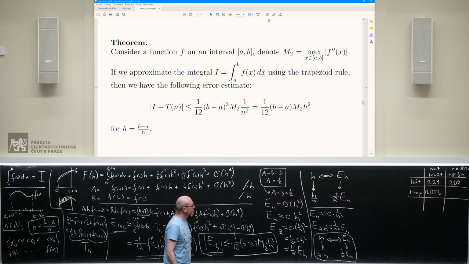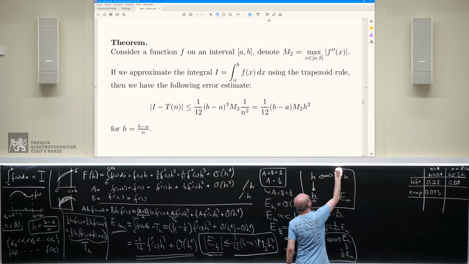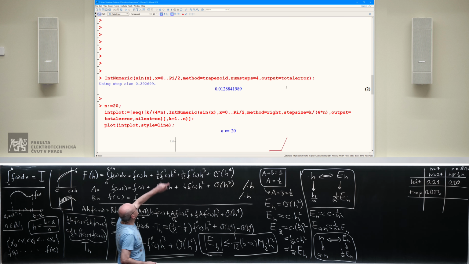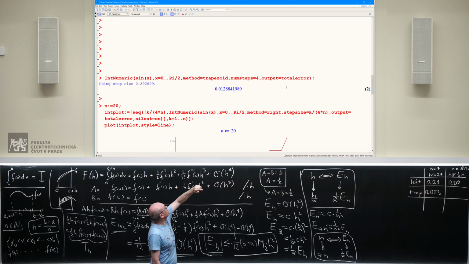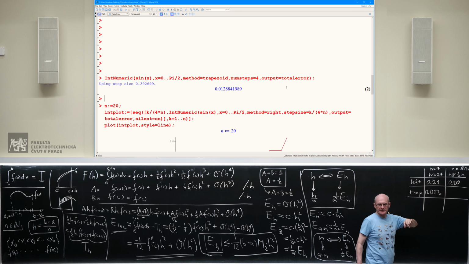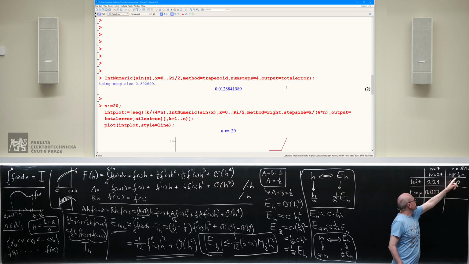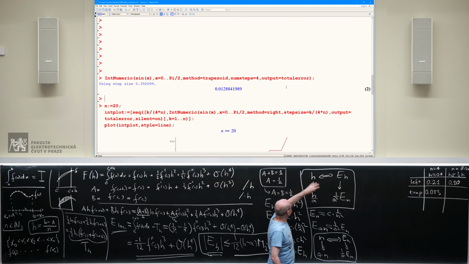Okay, let's play. I return to my original calculation that when the partition size is 4, the error for the trapezoid method is 0.013 approximately. What happens if I double the partition size? According to the scheme, doubling the partition size or dividing the step size by 2 means I have to divide the error by 2 squared, which is 4 times.